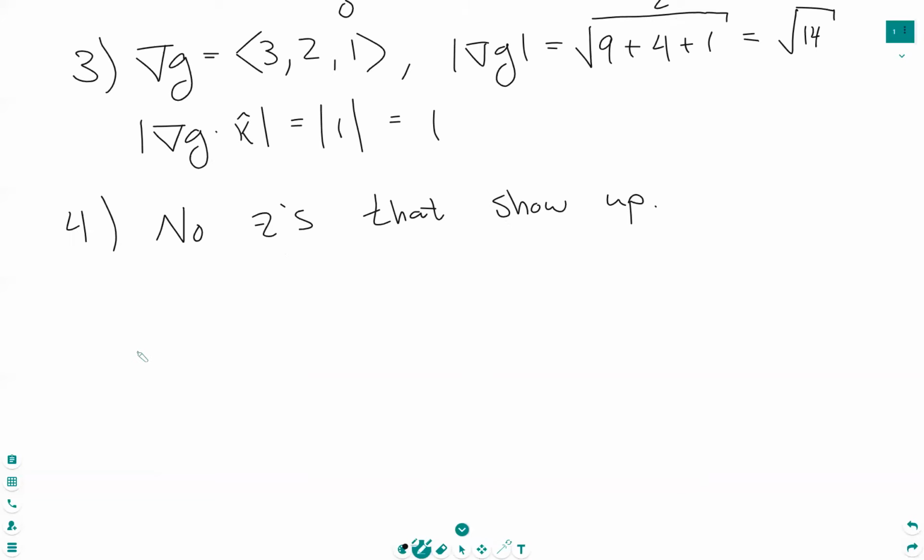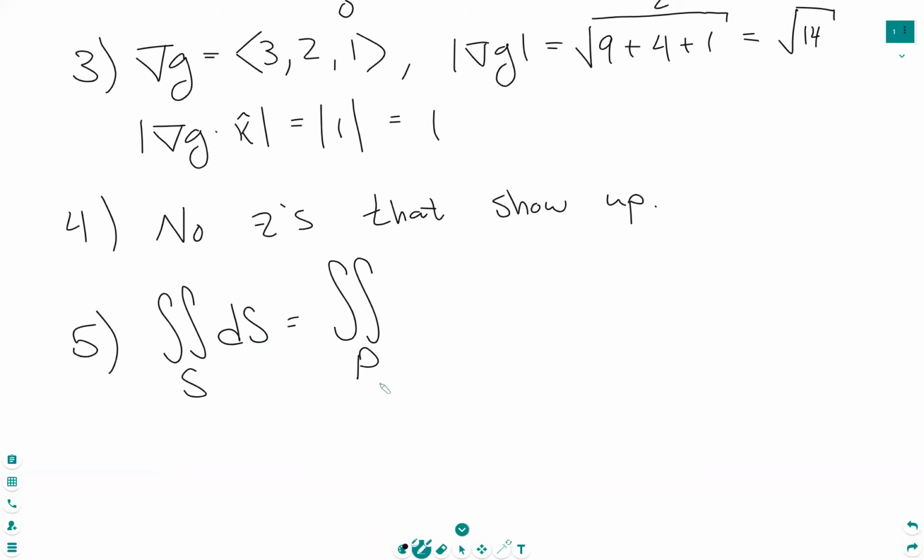For step 5, we can finally say that our surface area integral, so we're just calculating the surface area with an integrand of 1, is therefore the area integral over the region R of the magnitude of the gradient of G, our conversion from dS to dA. And then we can go ahead and substitute in these quantities that we found.